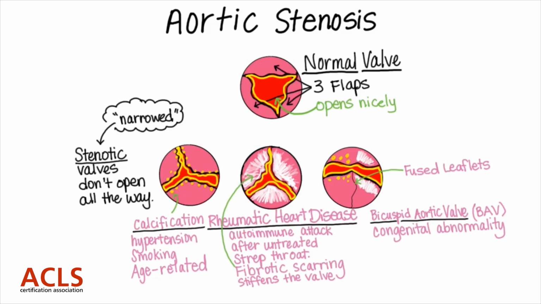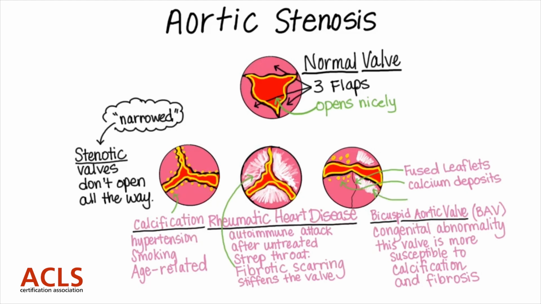However, the shape puts the valve under different pressure forces, which may make this valve more susceptible to calcification, seen here, and fibrosis, seen here. Hypertension or autoimmune reactions are both more likely to damage this type of valve.